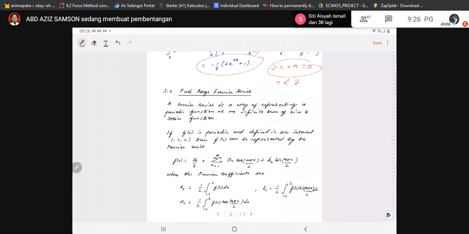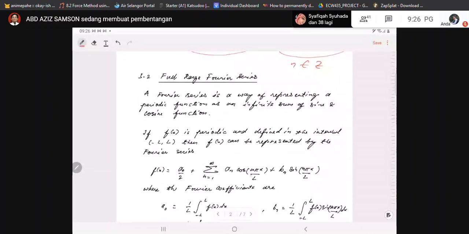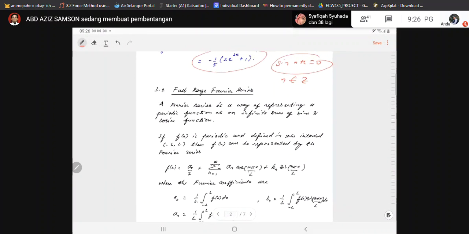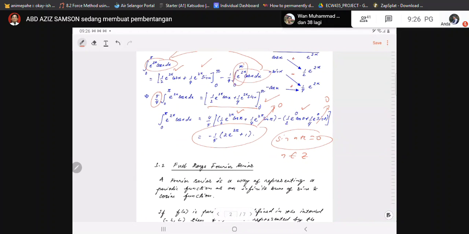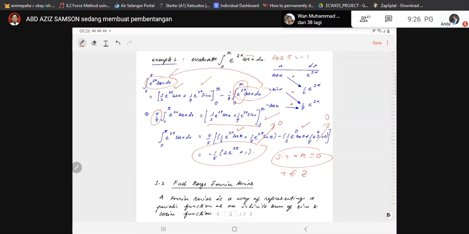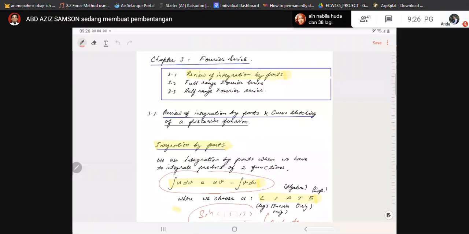Please keep in mind that in this chapter, actually it is only a little, we only look at the full range Fourier series and half range Fourier series with some variations.